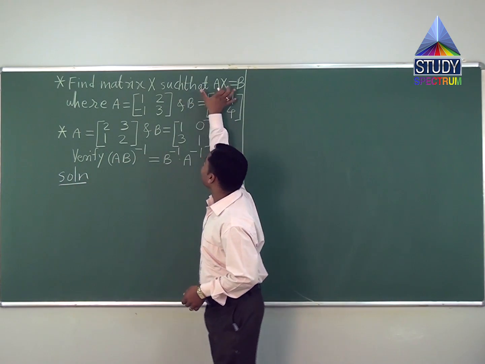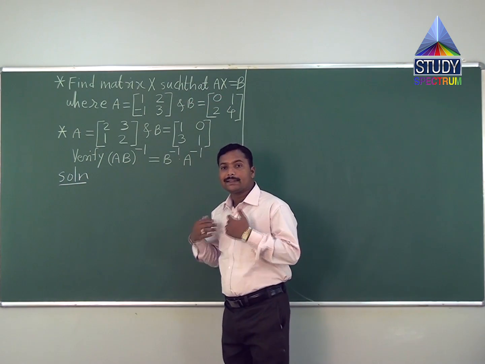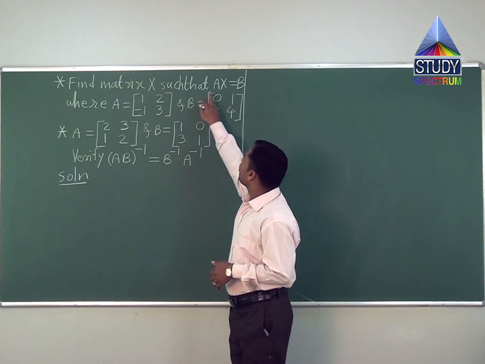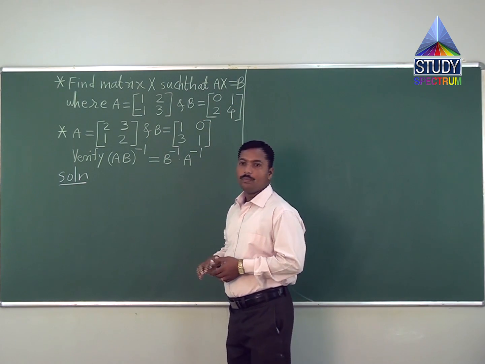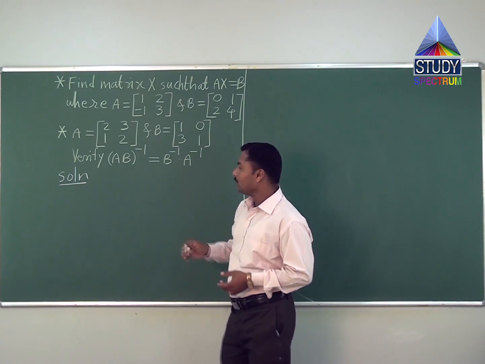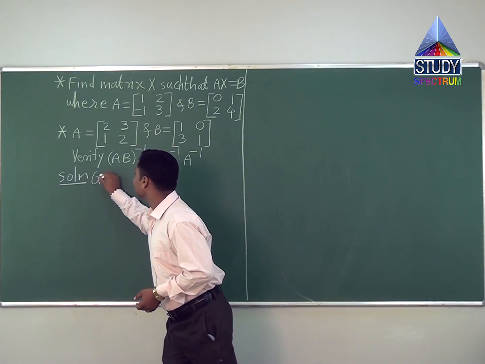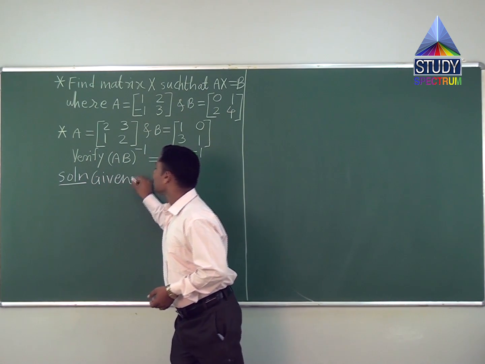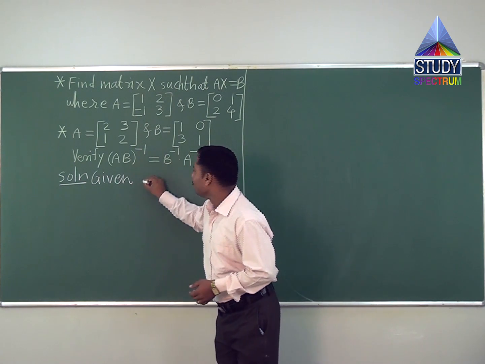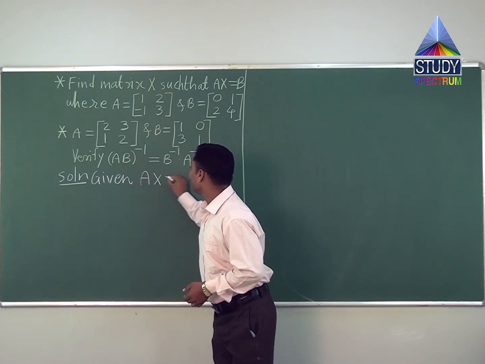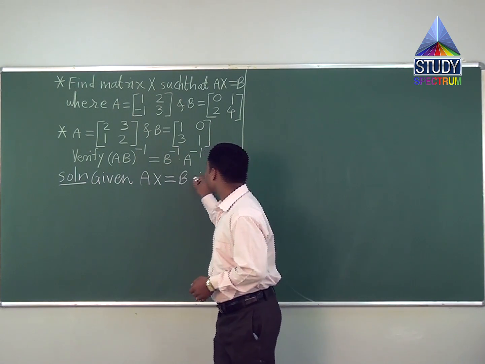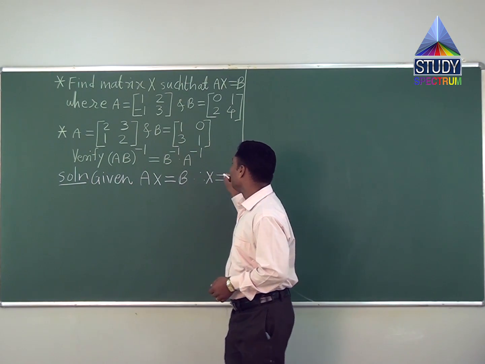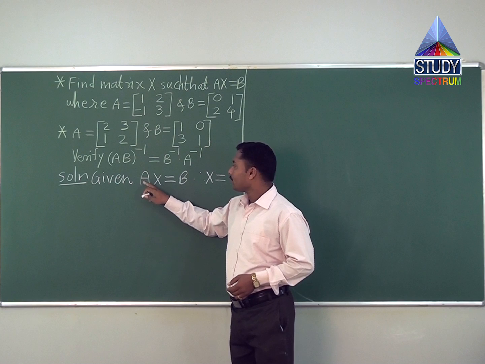So what is the given condition? Find matrix X such that A into X equal to B. So given condition is AX equal to B. Therefore, what is X?